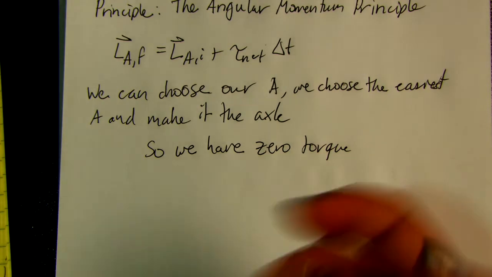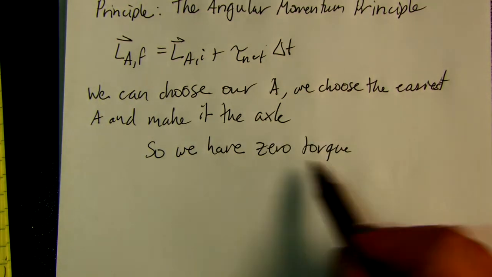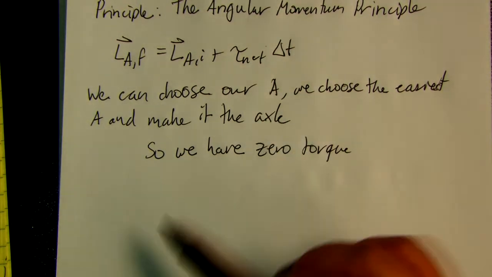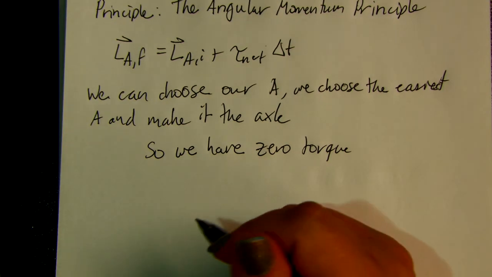So we have a net torque of 0, which is the type of problems that we're doing. And this comes from our choice of the center A being the point that we're looking at relative to. If you chose a different point, you would have torque. So just something to keep in mind.